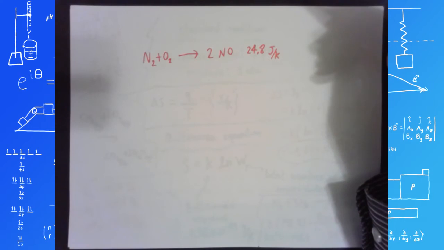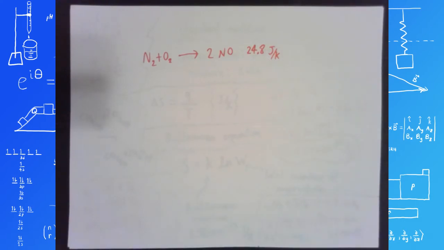So it's not going to be a big difference in entropy because you're not really changing the number of particles substantially, nor is there any significant phase change going on. So you shouldn't expect a significant change in entropy in one direction or the other.